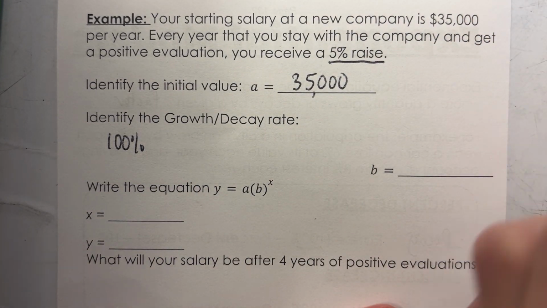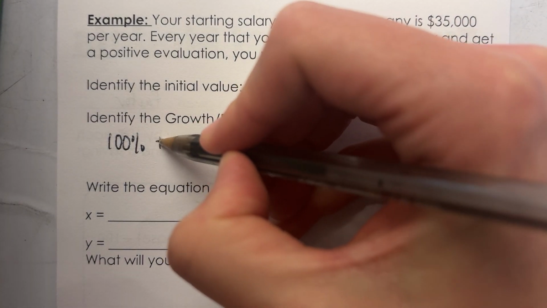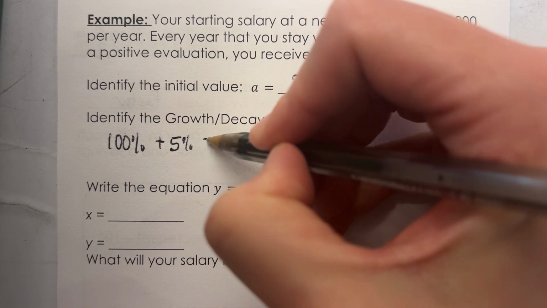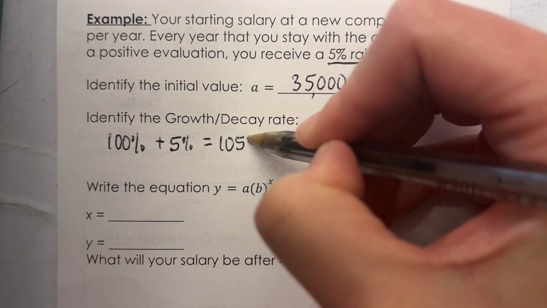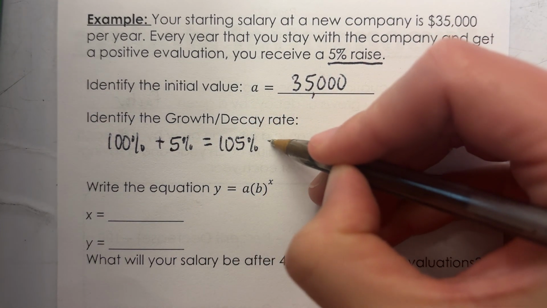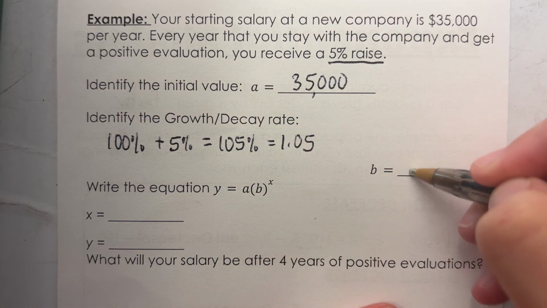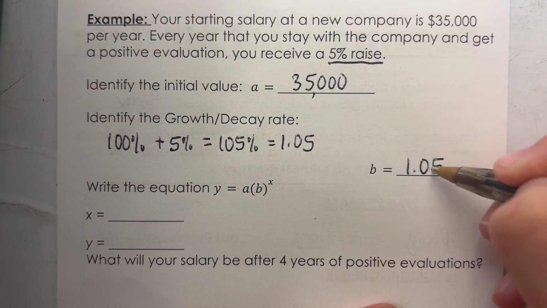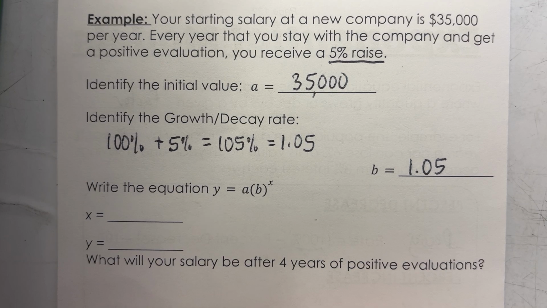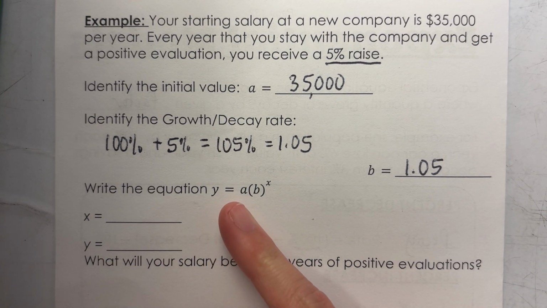This means my pay is growing. It's going up by 5%. So I'm going to write plus 5%. That equals 105%. And I'm going to change this to a decimal. So my growth rate is 1.05. Now, in this next step, I'm writing the equation.